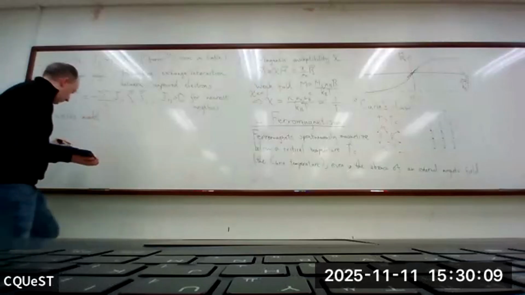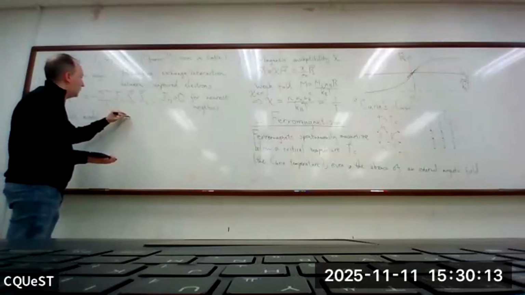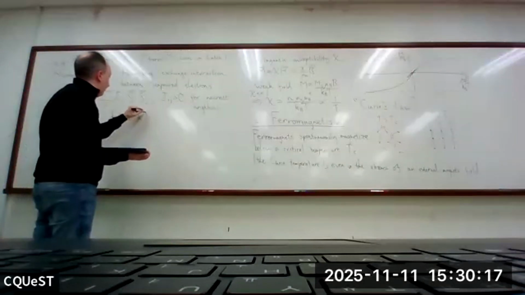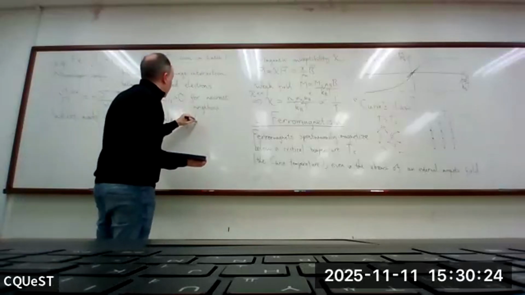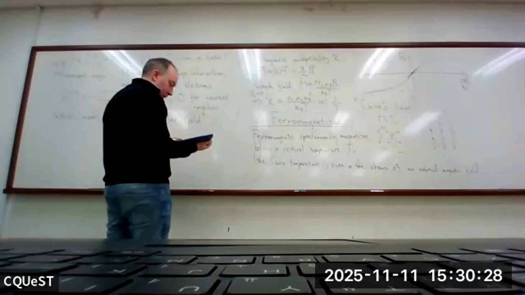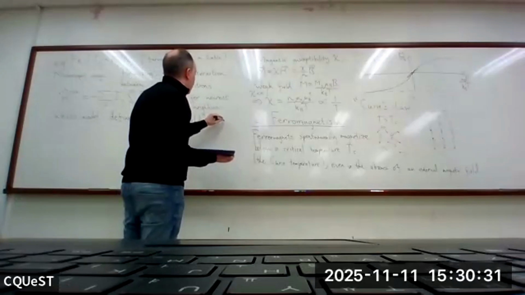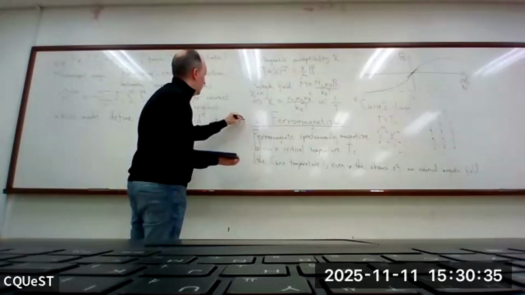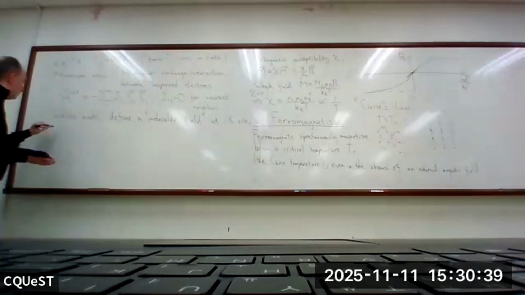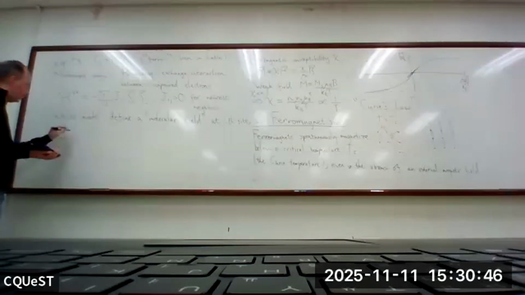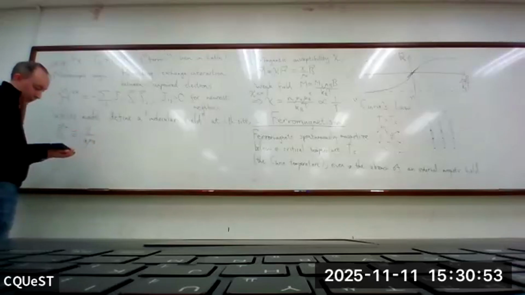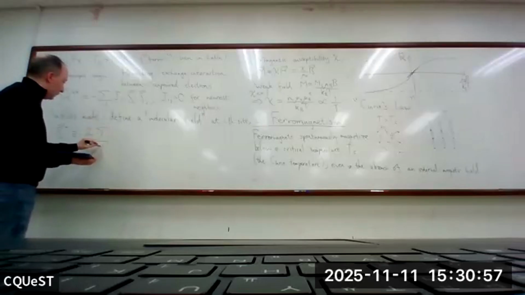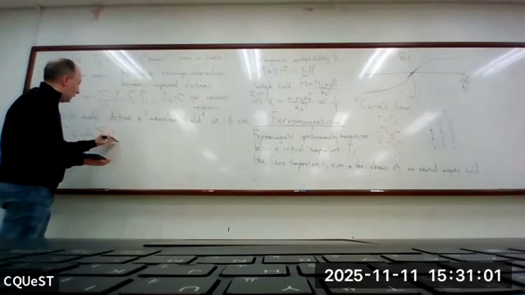So in the Weiss model, we define a molecular field at, say, the i site as B_m,i equals minus 2 over g mu B times the sum over j of Jij Sj.